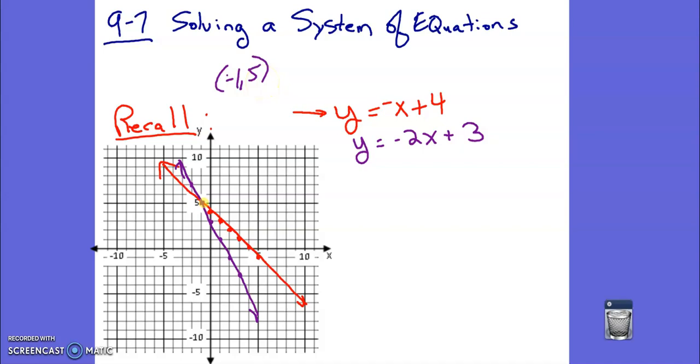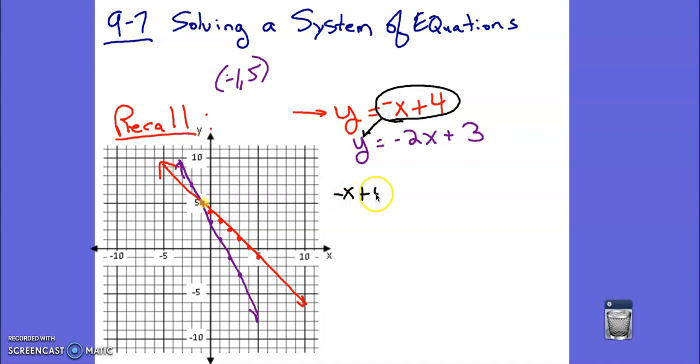And I also want to remind you that we did that by graphing, but we also did it by substitution, and we did it by elimination. So let me remind you how to do both of those ways. So let's do substitution first. Substitution means I'm going to literally substitute one equation into the other equation. So literally this has y, all of that is what y equals, and I'm going to substitute it into the other equation.